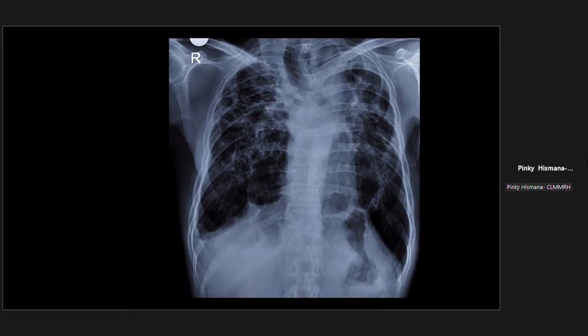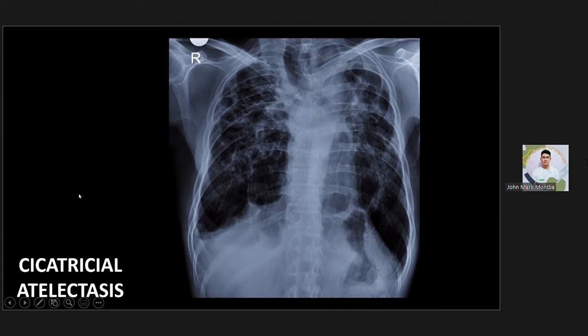Okay, so this is actually a classic X-ray of a case of extensive pulmonary tuberculosis, wherein if you can see my arrow? Can you see the arrow? Yes. Okay. So this is a case wherein the trachea is markedly deviated to the right. If you notice, this is the trachea. It's markedly deviated to the right.